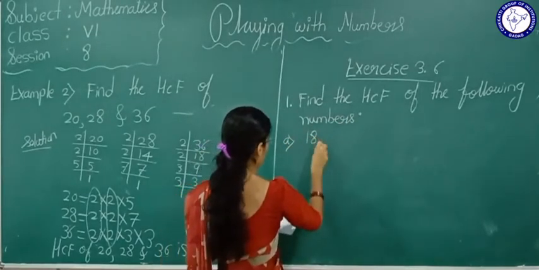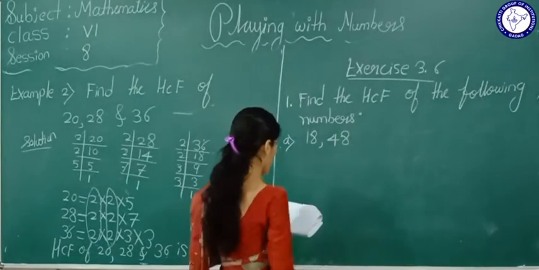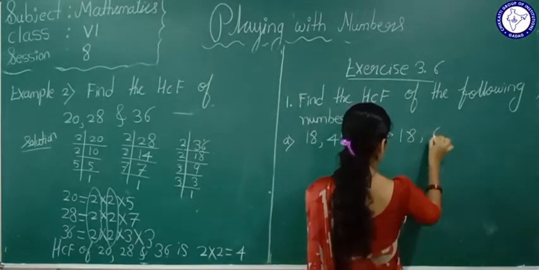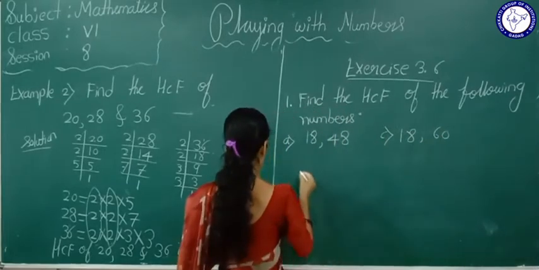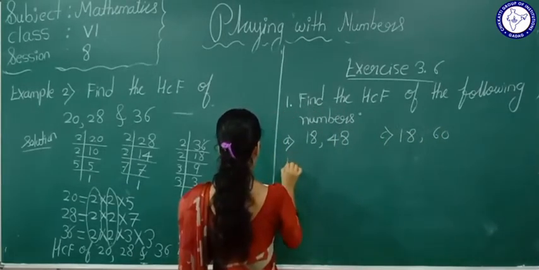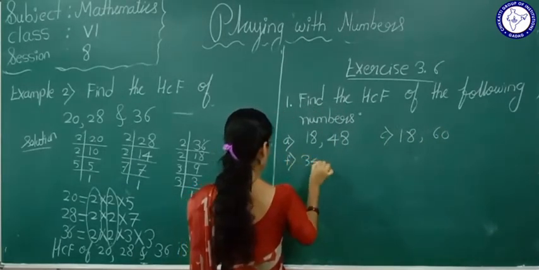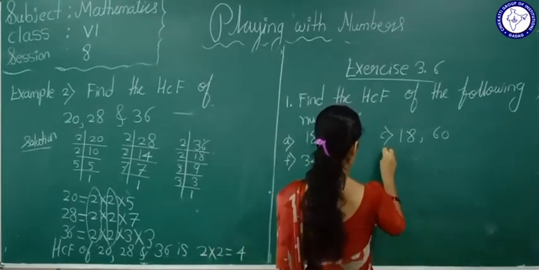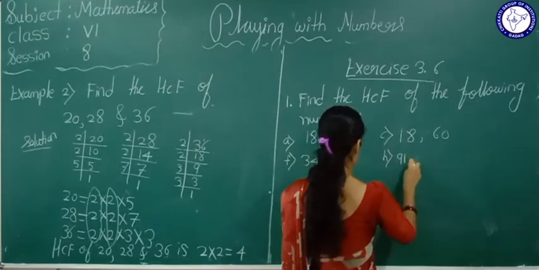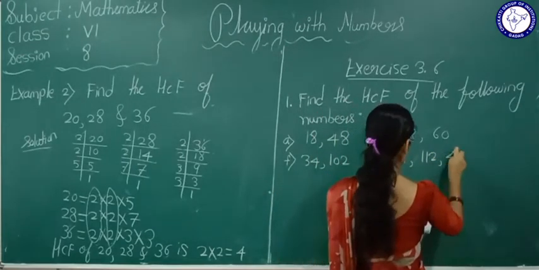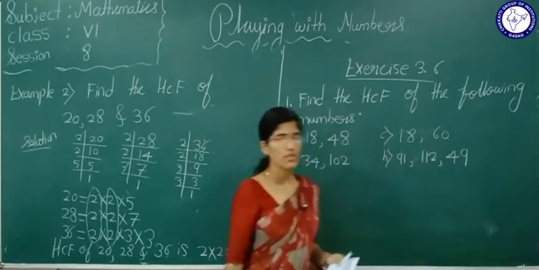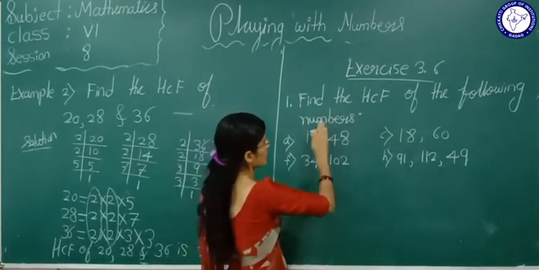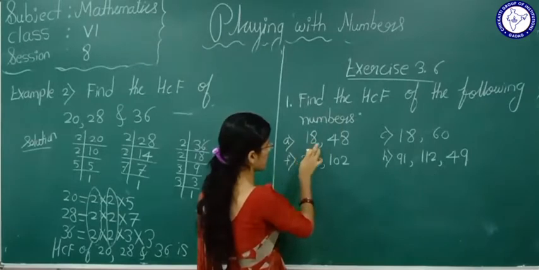That is A) 18, 48; B) 18, 60; F) 34, 102; H) 91, 112, 49. Only a few I will do, the remaining you have to try by yourself. Find the HCF of the following numbers. First one is 18, 48.